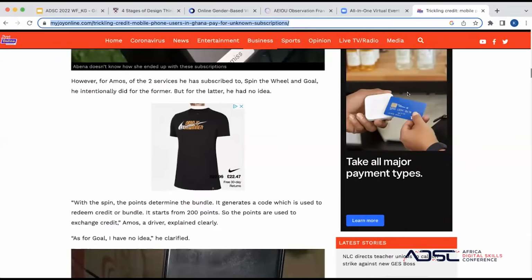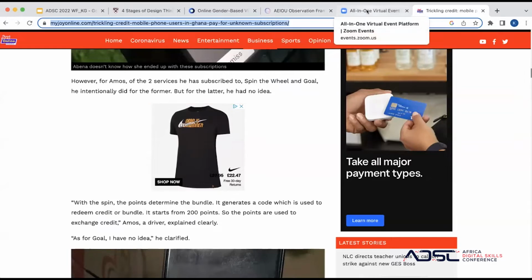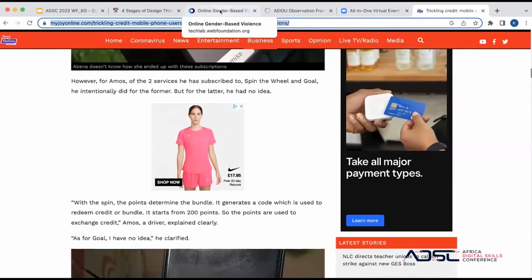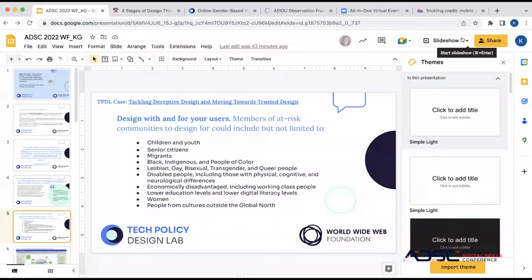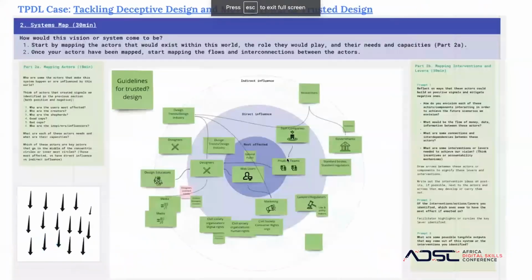So if you just see, this article talks about how users have no idea. So we want companies to not only make the internet safer for users, but also design around people like Abena and Afia, who are suffering because they don't know what's happening and where the credit is going.